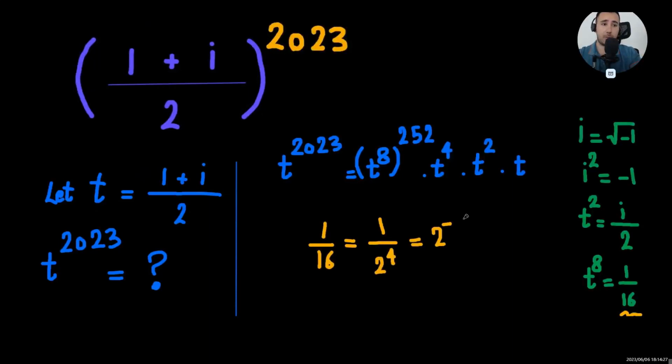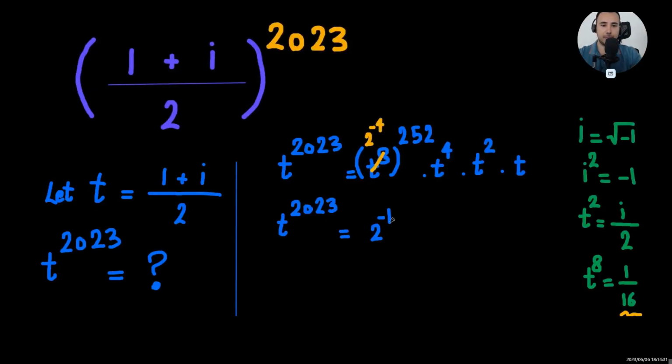I'm sorry, 2 to the power of -4. So if you remember, t to the fourth power was -1 over 4. We're going to write it as -2 to the power of -2. The value of t, we're going to write it down, of course.